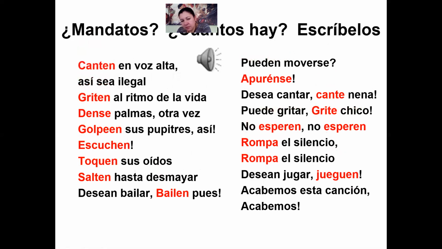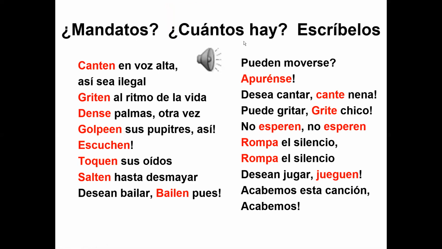Canten en voz alta, sí, aunque sea ilegal, sí, griten el ritmo de la vida, sí. Denle palmas, otra vez, golpeen su pupitre, así.